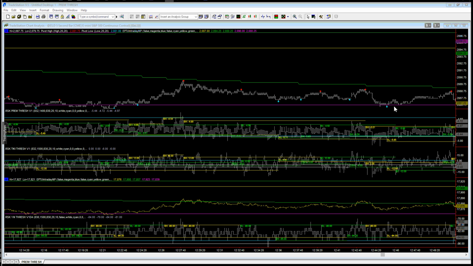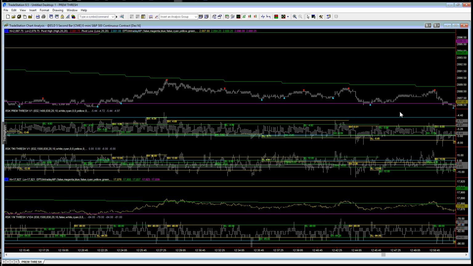Okay, so we come down, we hit this projected low on the ES, and this threshold compared to this threshold, we're still moving down, but there is some divergence here. Look at this low here compared to this low here. There is some divergence there. That's going to kick this up a little bit. Okay, and up it goes.